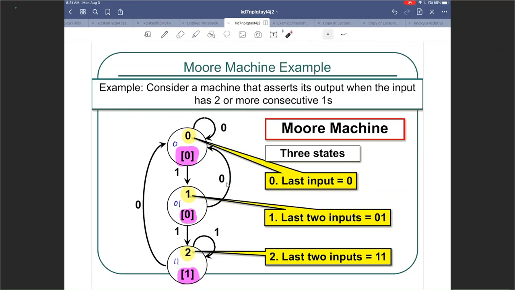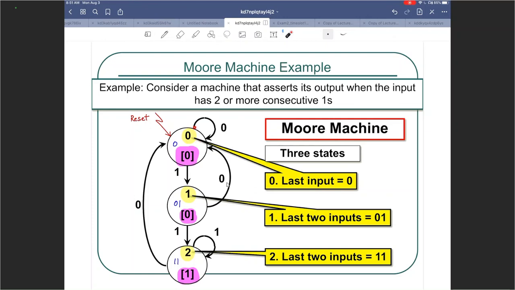Now let's talk about the transitions, the arrows. If you are here, let me just draw this as well. This is also important. So reset, you come to 0, right? You got nothing.